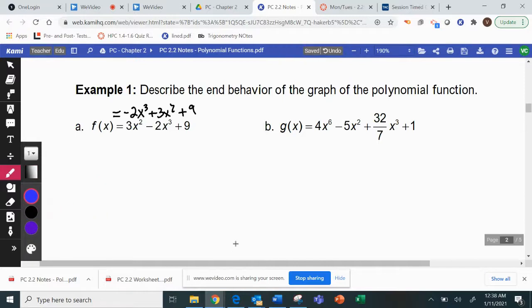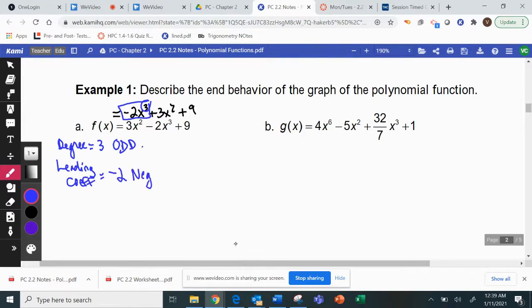So when I reorder that, this is my first term, and my degree is 3. And that is odd. And then my leading coefficient is -2, which is negative.